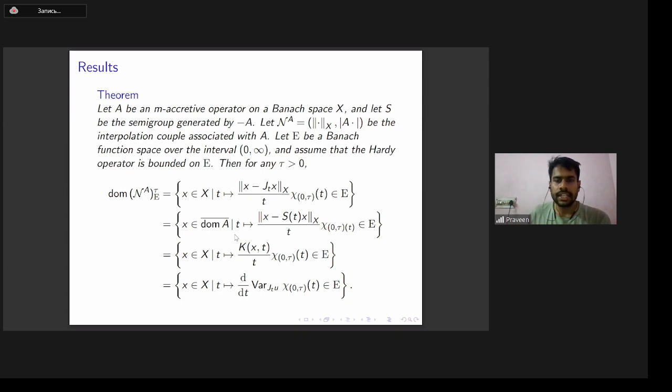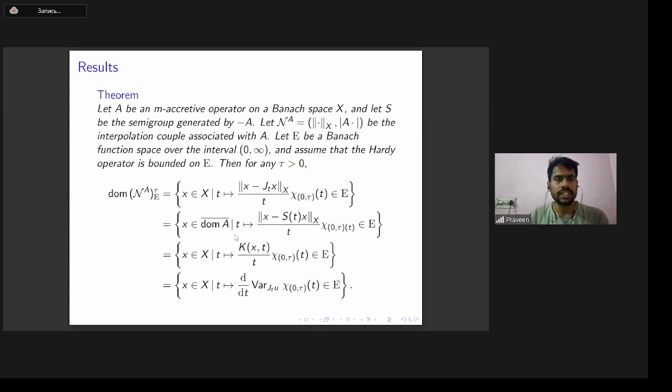In the first characterization, we use the resolvent operator corresponding to A. In the second one, we use the semigroup. In the third characterization, we use the K function, which is the standard definition. And in the fourth characterization, we use the derivative of the variation function of the resolvent.